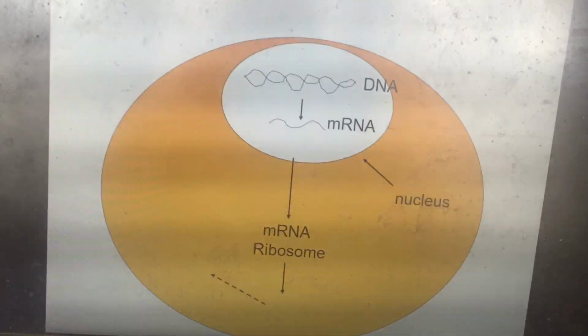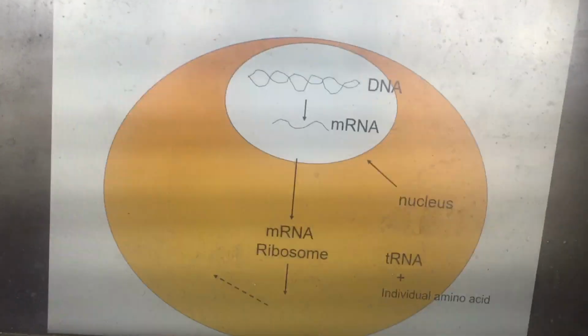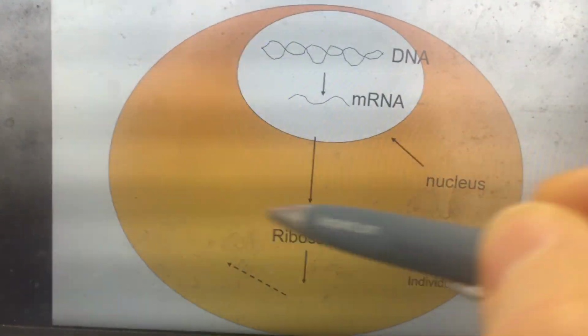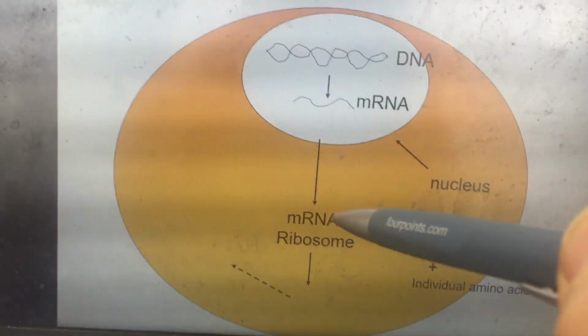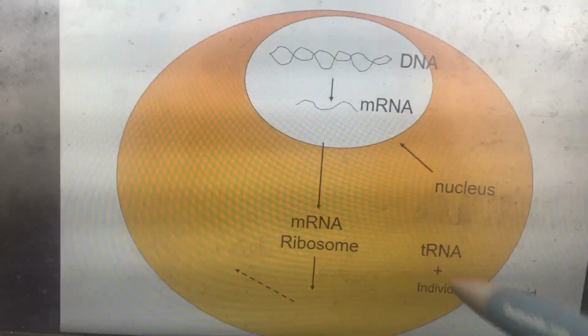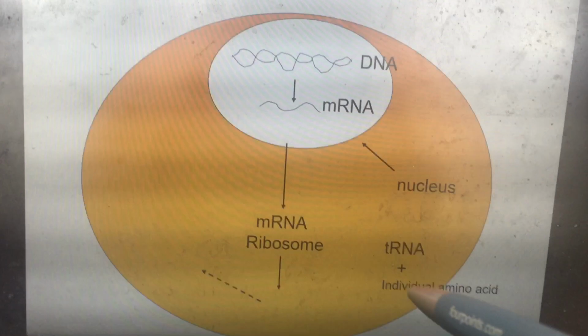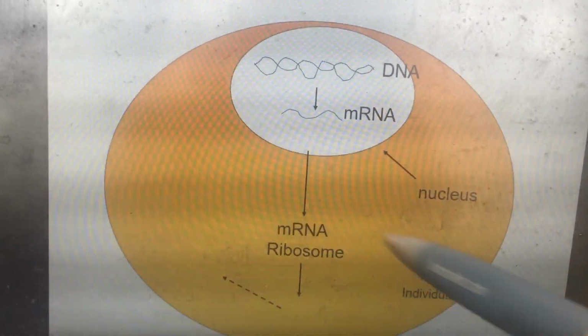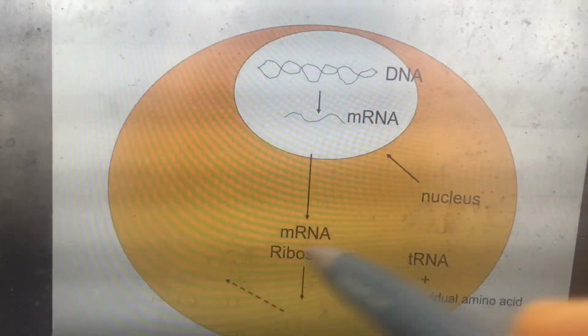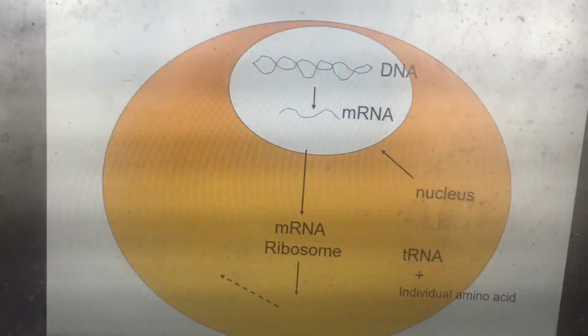It'll go to the ribosome, and then depending on the message on the mRNA, it's going to encode for a series of amino acids that make up a specific protein. You're going to get a molecule called transfer RNA that carries the individual amino acids to the ribosome one at a time so that your protein is constructed at the ribosome.